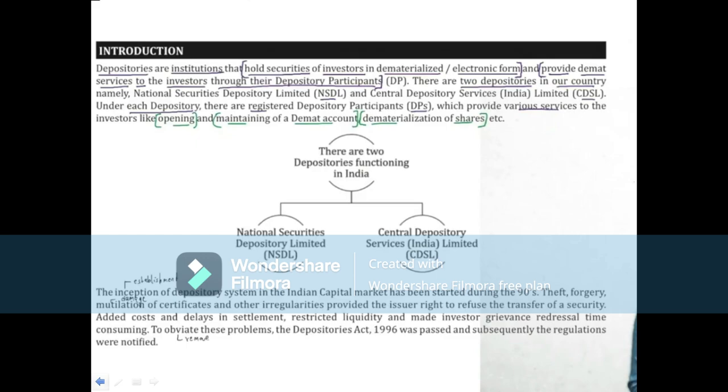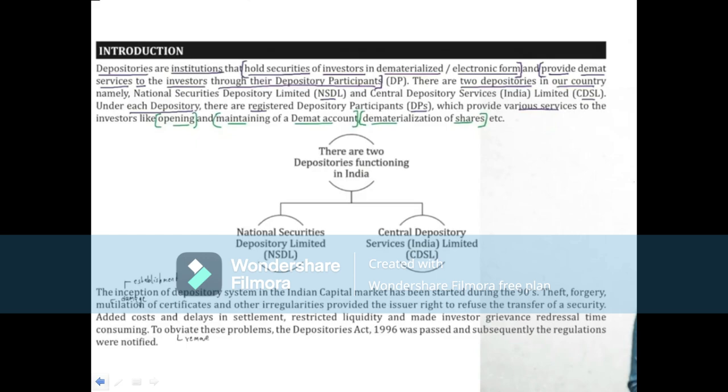After the introduction of this Act, we have changed from physical form to electronic form, means shares were transferred as scrips. Scrips are nothing but the electronic form of the shares.